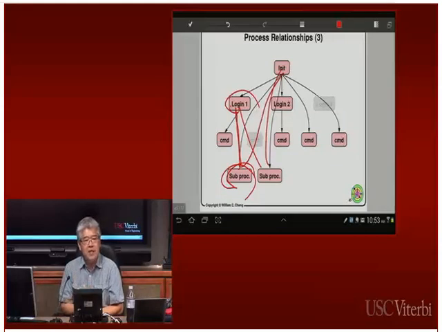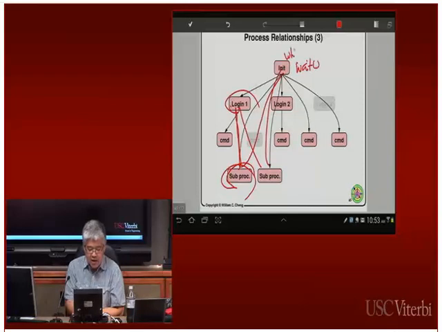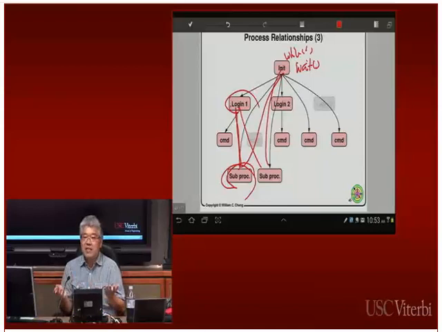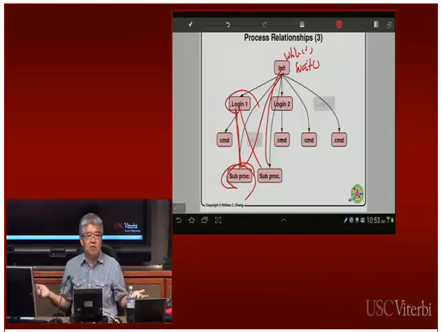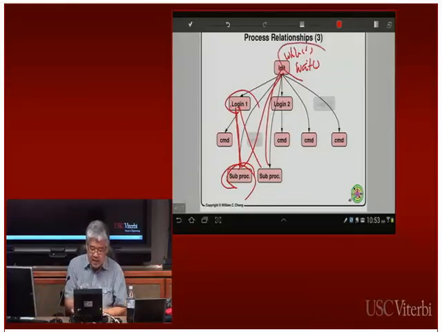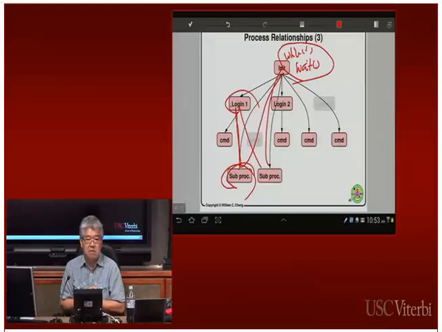So what does the init process do? This is the code for the init process: while true, wait. The init process is actually the one that initializes the system, but once it's initialized, it has nothing to do. All it does is sit in an infinite loop, waiting for all the child processes to die.